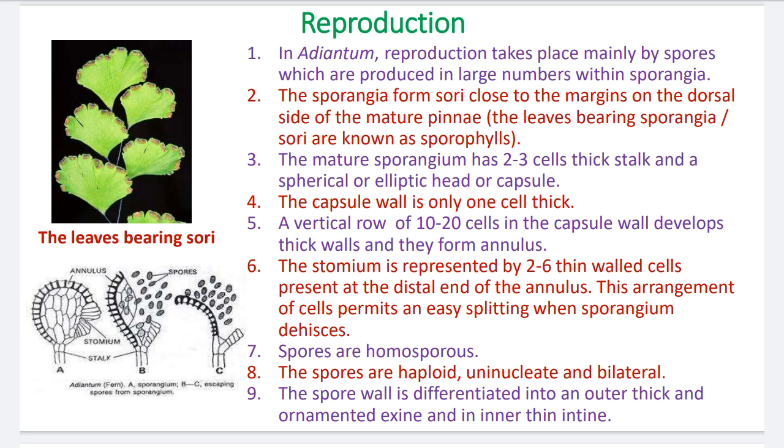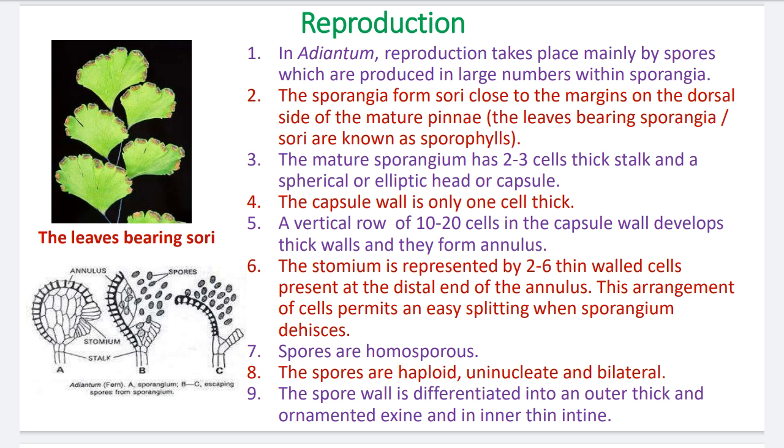The sporangia form sori, and many sporangia form a single compact structure called a sorus, plural sori. The sporangia form sori close to the margin on the dorsal side. Toward the margin of the leaves on the dorsal side the sori are present, in the matured pinnae.